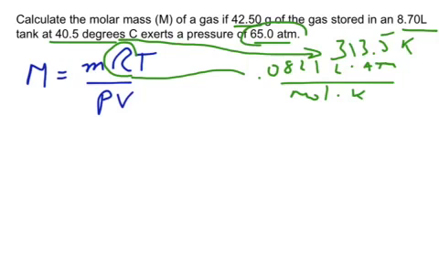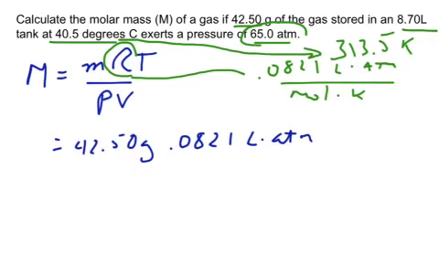Now let's just plug the information in and make it work. The mass is 42.50 grams. We have an R value of 0.0821 liter atmosphere, and then here, guys, it's mole times Kelvin in the denominator, so that looks a little better than that last one.